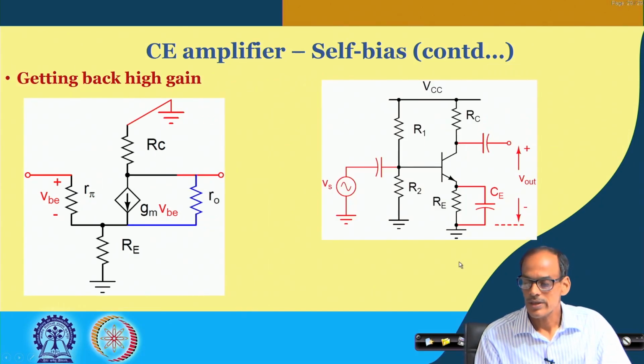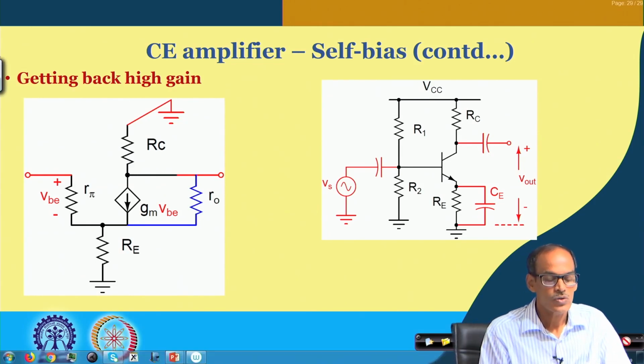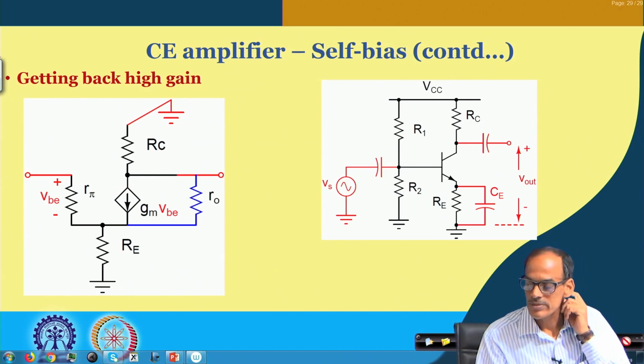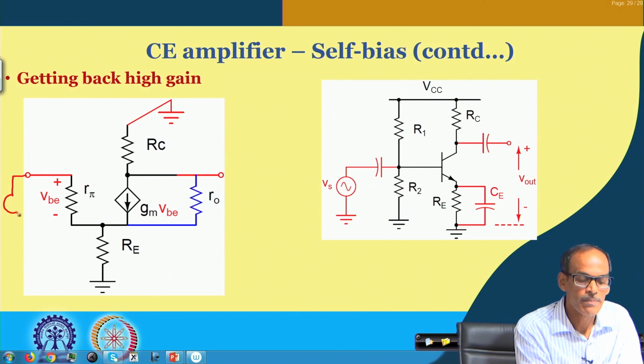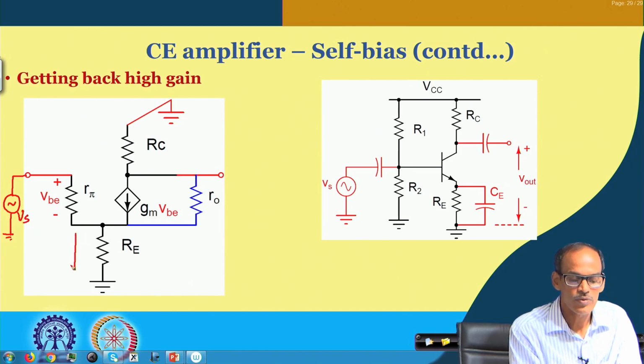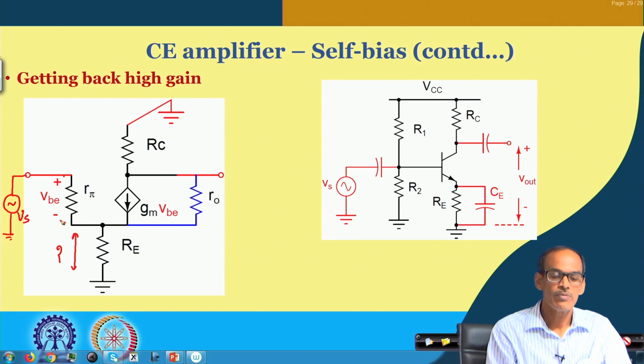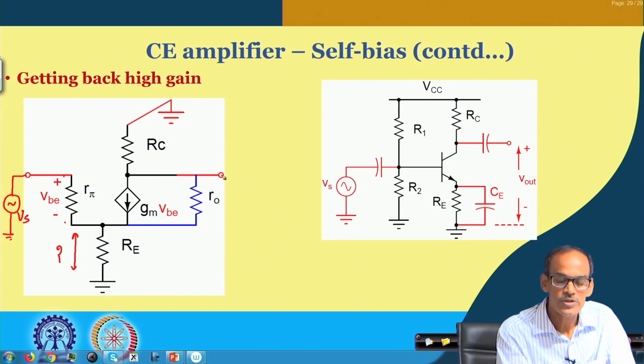So, how do we get back the gain of the circuit? As we have discussed before, whenever we are feeding the signal here, say Vs, a significant part of that voltage gets dropped across this one, and as a result we have only a small fraction as VB, making the corresponding output voltage very small.